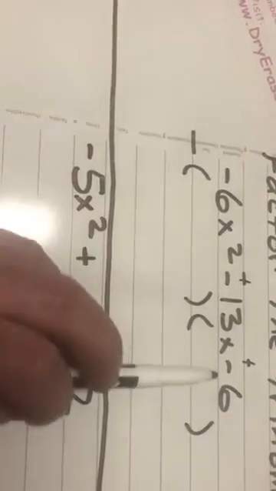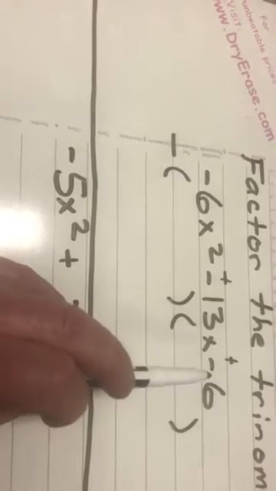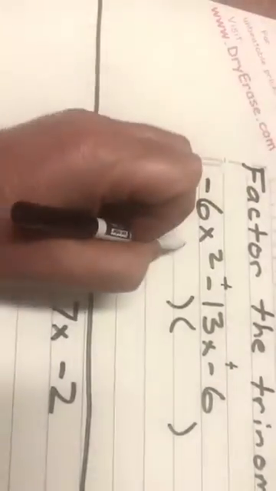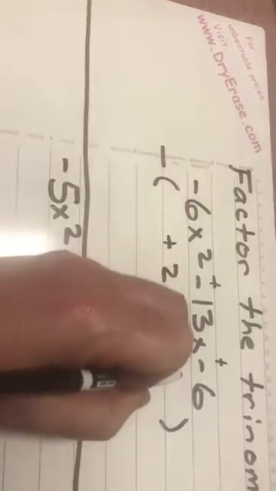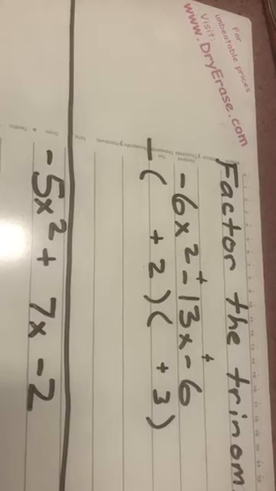Well, first of all, what are the different ways that I can get a positive 6? Well, I could have a positive 2 and a positive 3, okay?